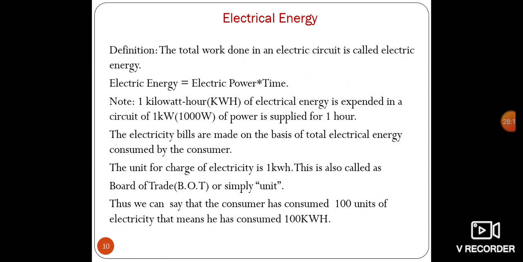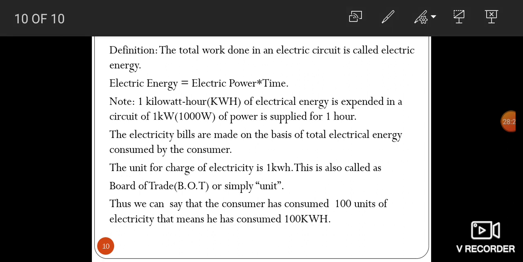Then we have understood about electrical energy. Electrical energy is the total work done into time, and it is given in kilowatt hour. This is all applicable for DC load.